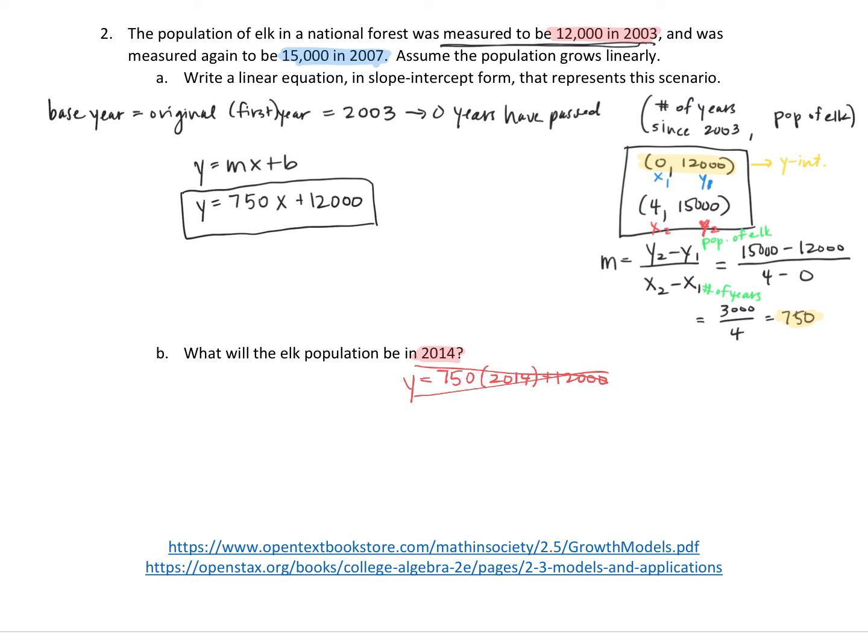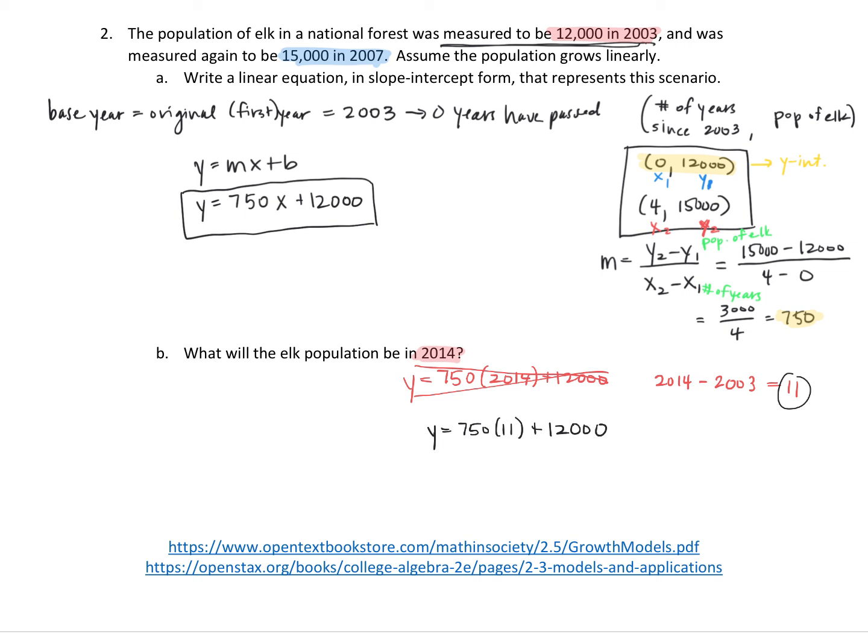To find the X value, remember that you have to take the year that you're looking at and subtract the base year. And our base year was 2003. And so when we subtract, we will see that the X value is 11. And so that's actually what we want to plug in. So we would have Y equals 750 times 11 plus 12,000.